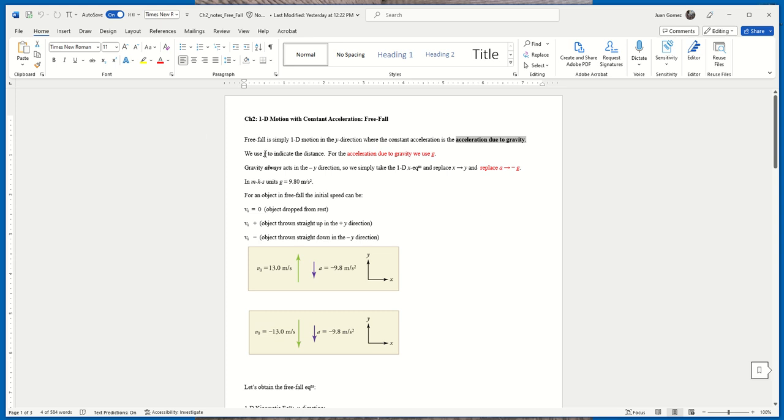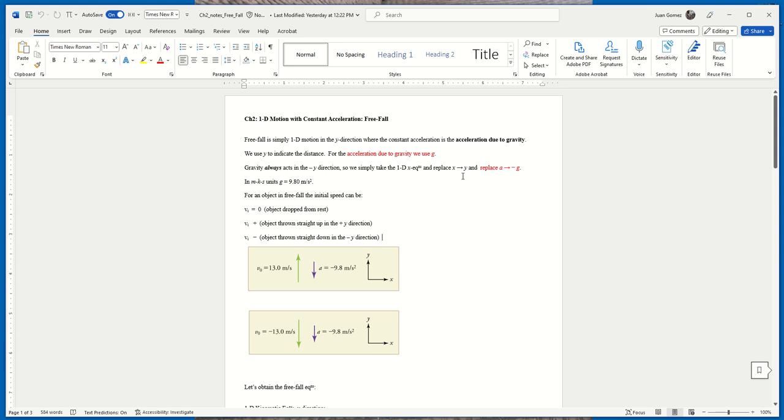We use y to indicate the distance because it's motion in the y direction, something moving straight up and straight down. For the acceleration due to gravity, the standard symbol is a lowercase g. Remember, gravity always acts in the y direction, so we don't want to overthink it. We're not really getting a whole new set of equations.